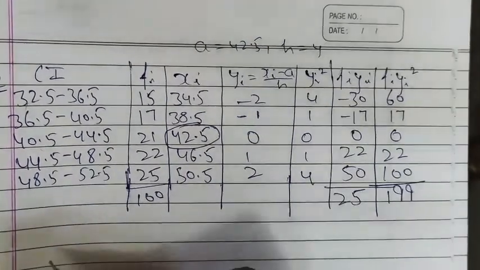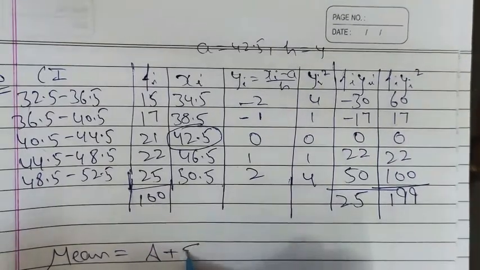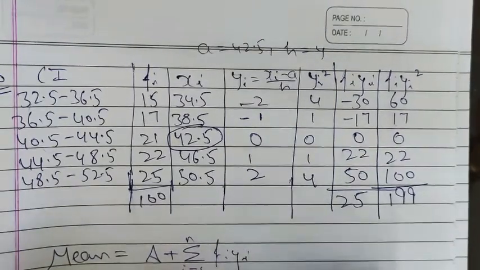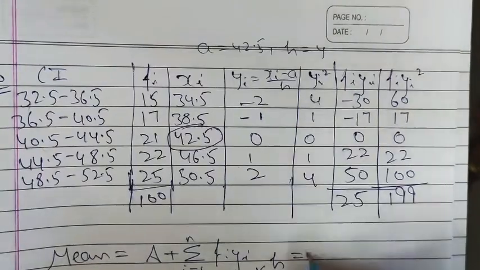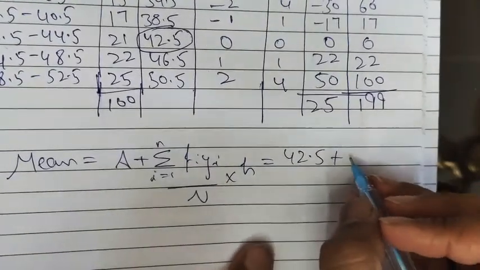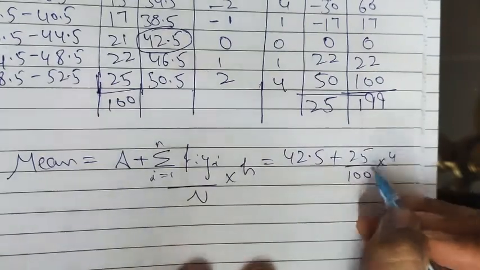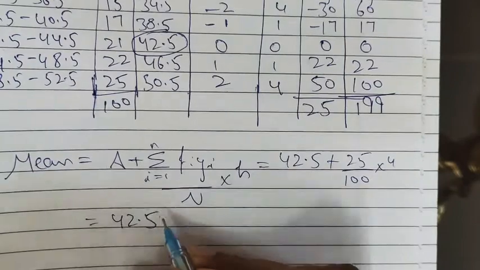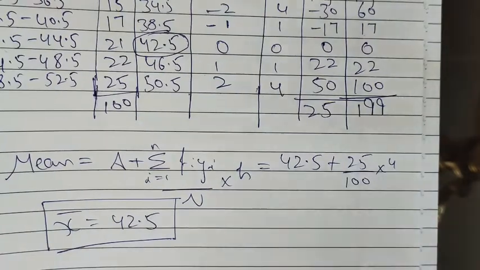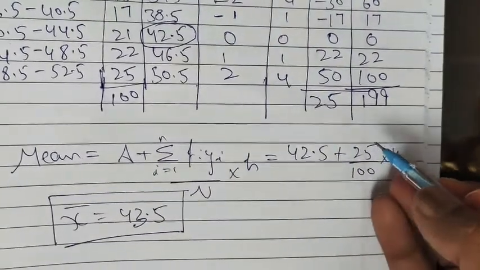Mean is equal to a plus sigma i is equal to 1 to n fi yi upon n multiplied by h, which is 42.5 plus 25 upon n is 100 multiplied by h is 4, which is 1. So 42.5 plus 1 is 43.5.